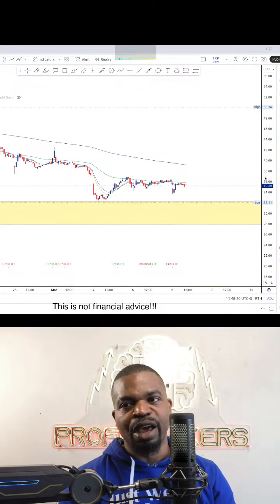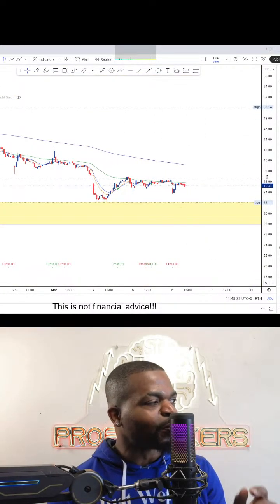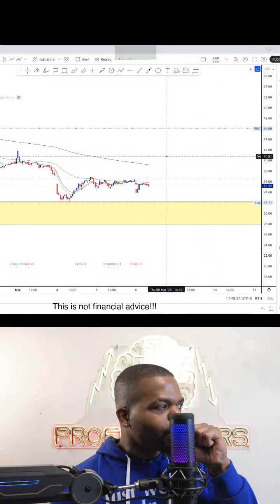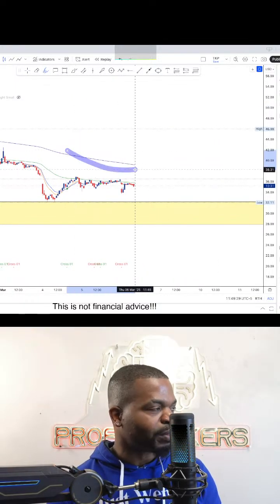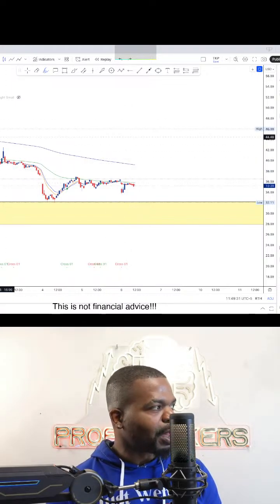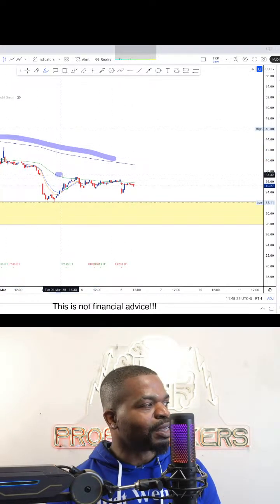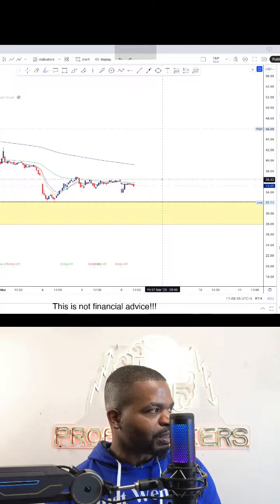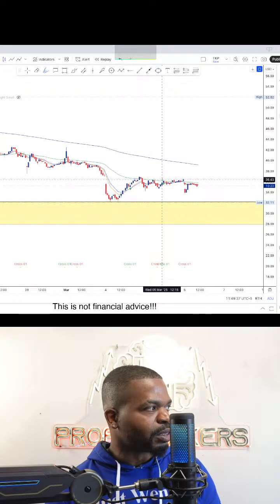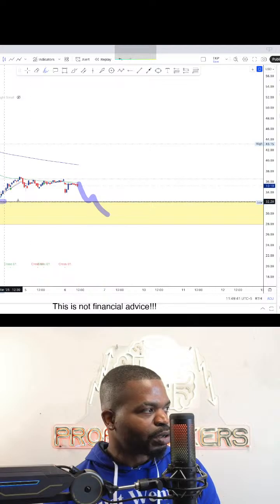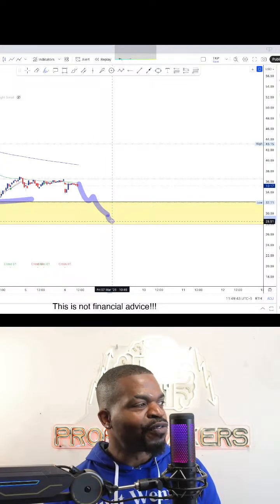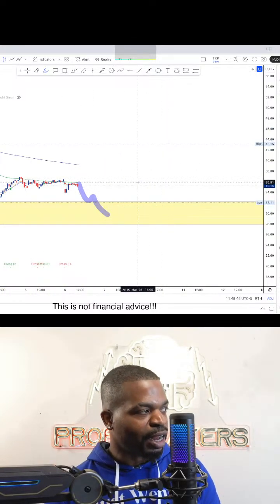Both of them look like you have a potential for a really nice buy setup, but this 200-day EMA is too far away from price. But the way that it's leveling out like this is a really good thing. But we want to definitely see a lower low being made before we show interest in that reversal.